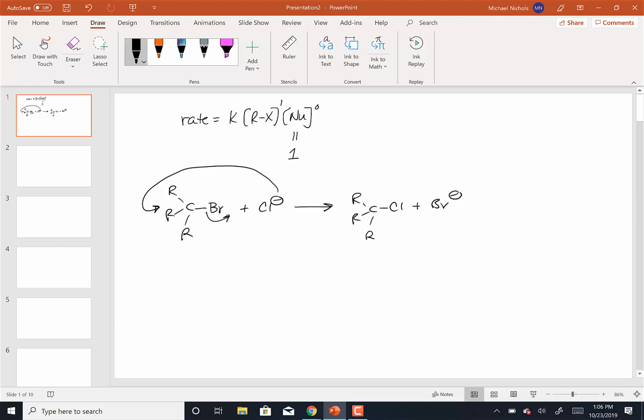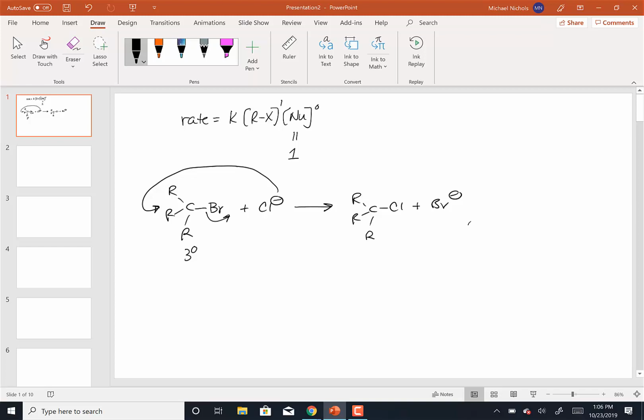The reason this can't be SN2 is because tertiary halides have too much steric hindrance for the nucleophile to attack. So there must be an alternative mechanism, because I get the same product. I just get it by a different rate equation. So we have to propose a mechanism that makes sense.